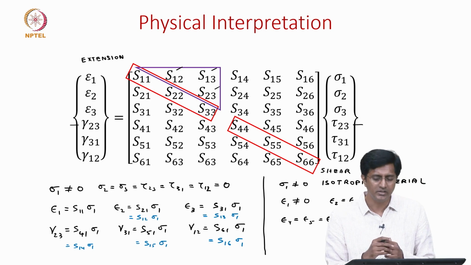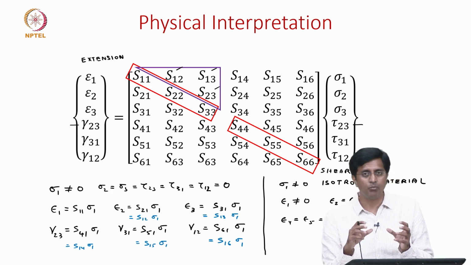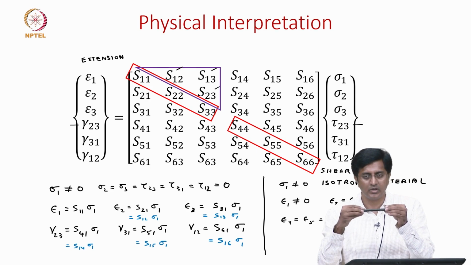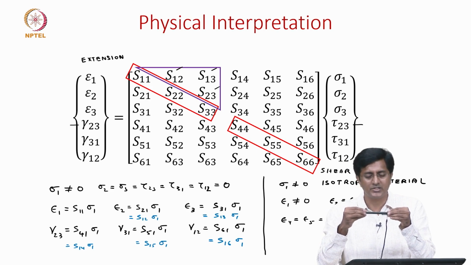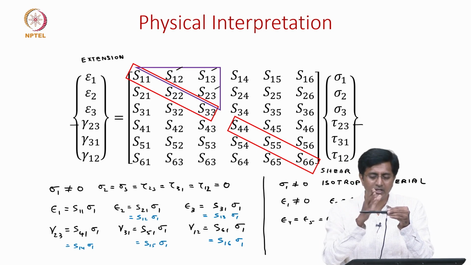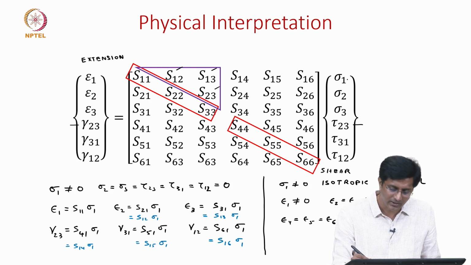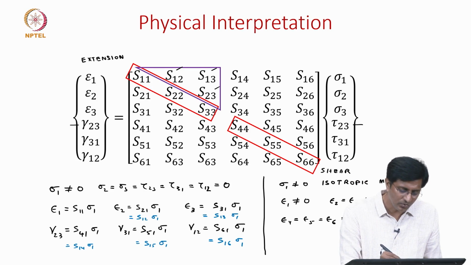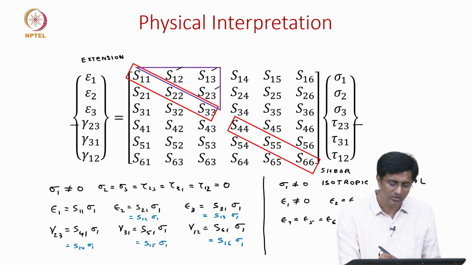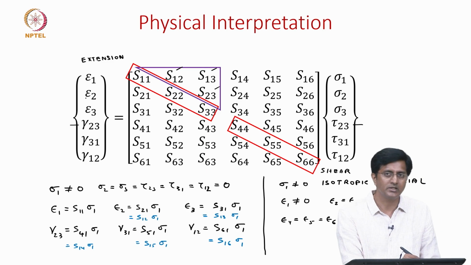Now let us focus our attention on S12, S13 and S23. What do they signify? They signify the Poisson effect, meaning if you are applying loads in one direction, what are the deformations in the transverse plane. For example, if you are loading in direction 1 with sigma 1, S12 and S13 will give you the strains in the other directions, epsilon 2 and epsilon 3.